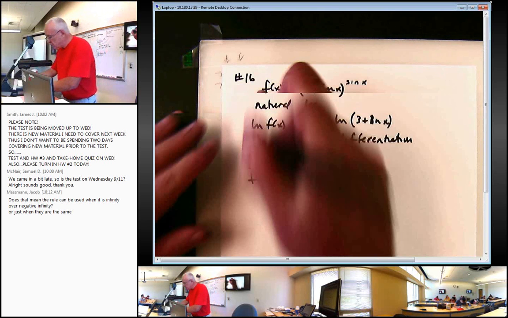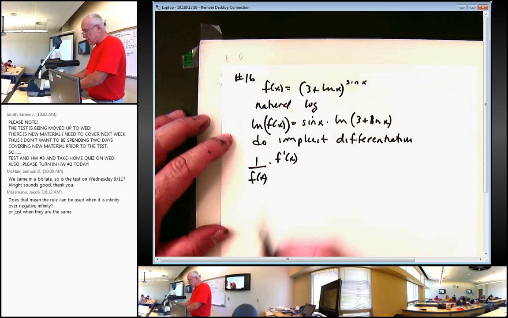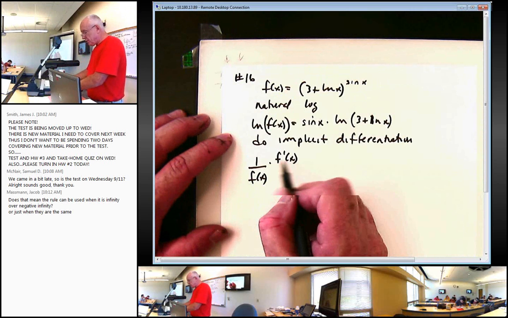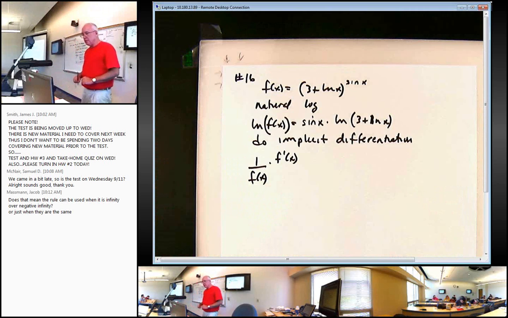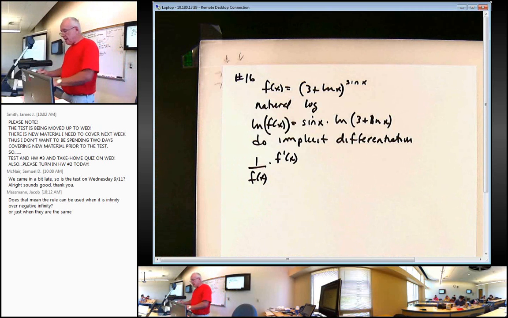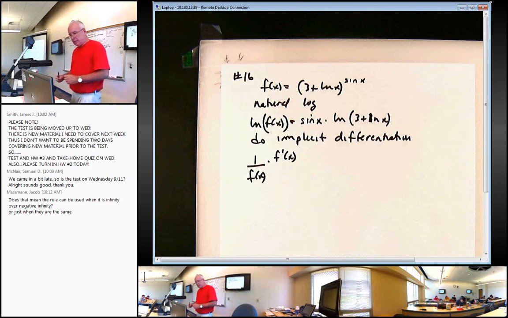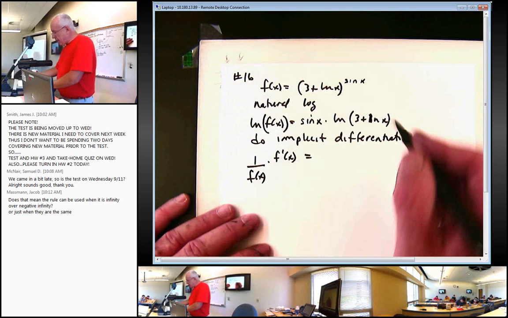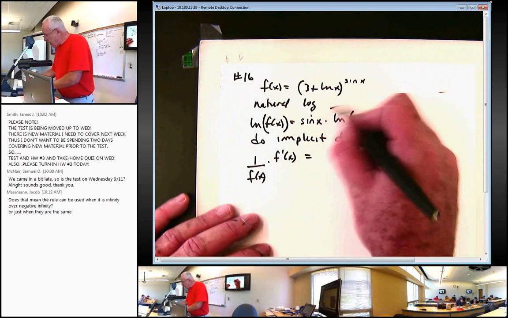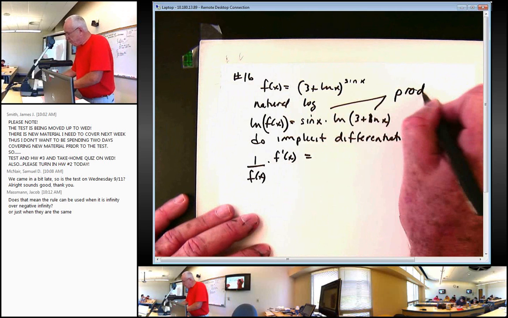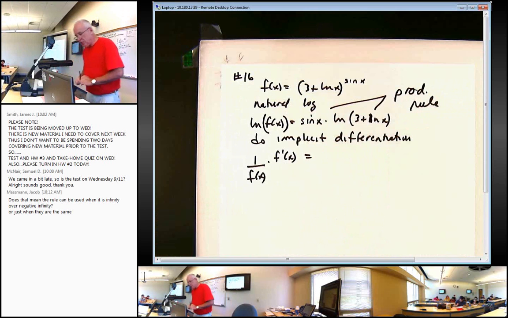In other words, it's the derivative of that inside function divided by the inside function itself. So on the left side, I get 1 over f of x times the derivative of f of x. And then on this side, I have to use the product rule. I have two functions here.